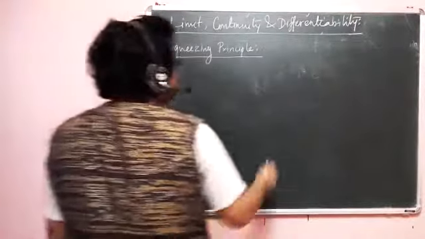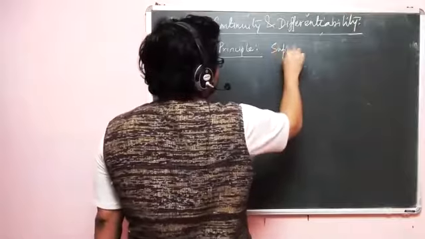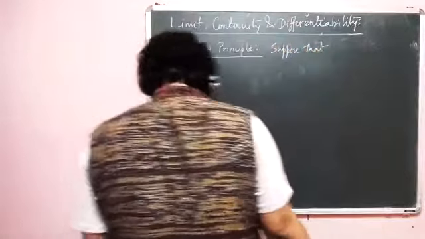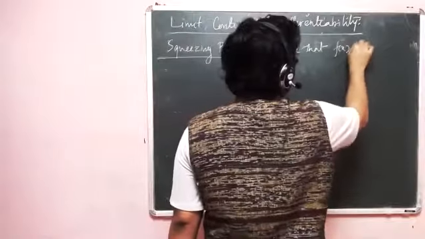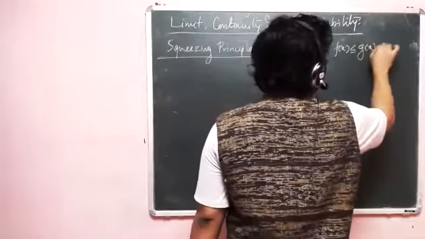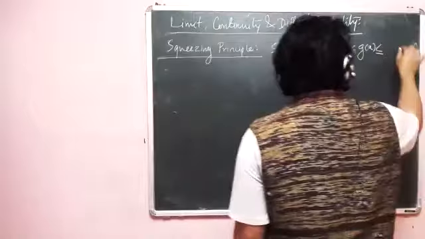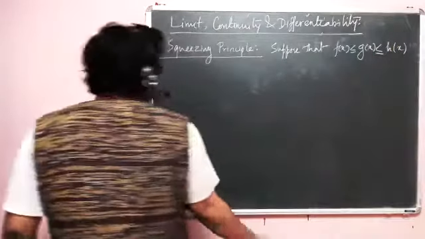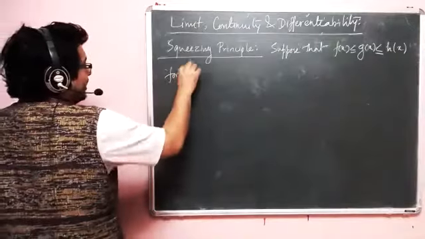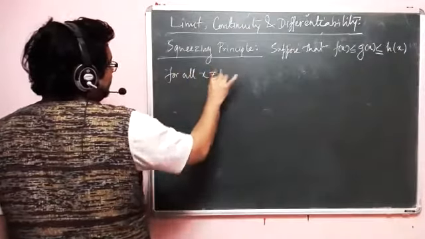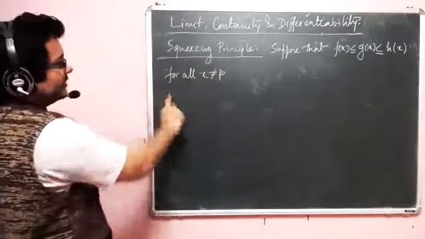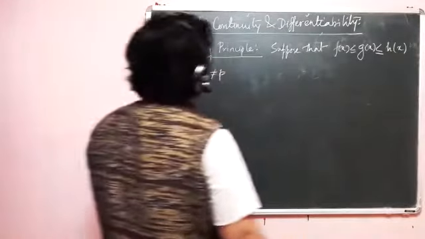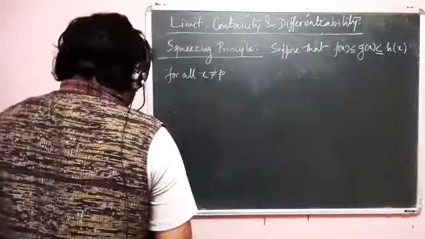It says that suppose that f x is less than or equal to g x, which is less than or equal to h x, for all x not equal to p. I could have used a symbol here, but the reason I did not is that it's a separate line, that's it.